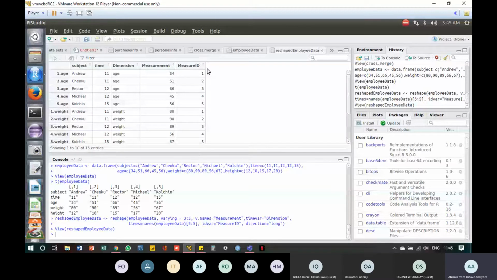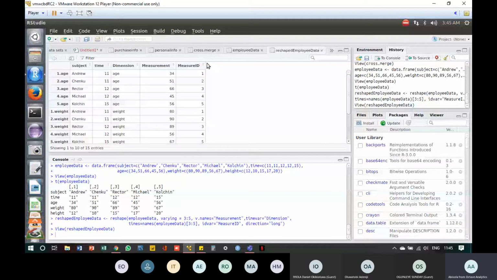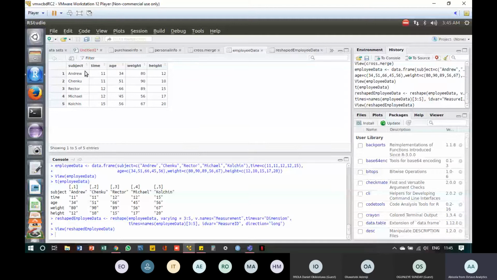And then we have the measurement. What we did with the measurement was we said the variable names should be called the measurement. So if I show you 1 to age, the measurement is 34, and say 4 to age, the measurement is 45. If I come to employee data, 1 to age is 34, 4 to age is 45. So what it just did is it elongated the data instead of leaving the table wide.